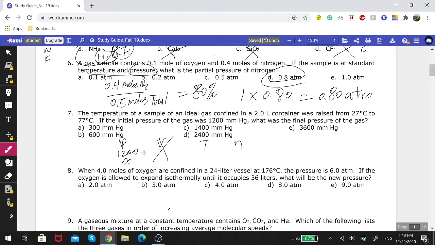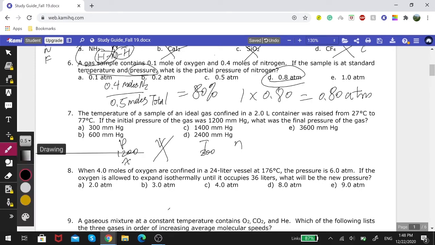Temperature went from 27 plus 273, which is 300, and 77 plus 273, which is 350. Number of moles, it didn't tell us anything, so we don't need to worry about moles either. So we're only looking at temperature here.